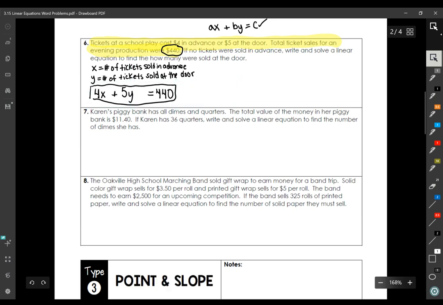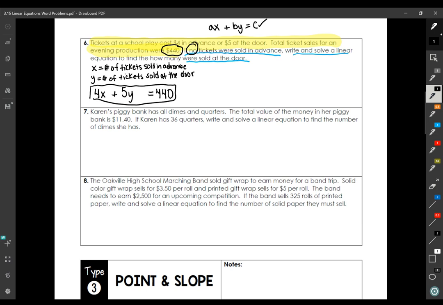Again, we're going to use the second part of the problem to now solve the equation. If no tickets were sold in advance, write and solve a linear equation to find out how many tickets were sold at the door. So again, let's ask ourselves, what are they giving us? Are they giving us X or Y? Well, they're saying no tickets are sold in advance.